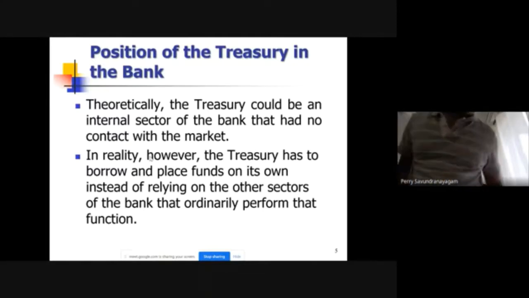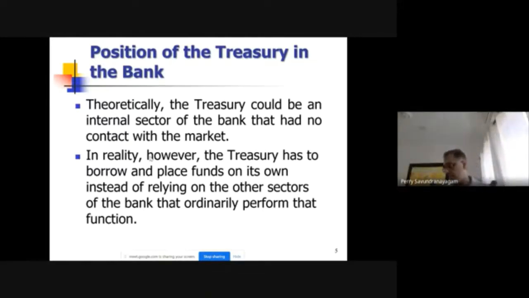Sorry about that. So Treasury sits in the middle of the bank, inside. There could be an argument that Treasury does not need to know what happens outside. That is very much an internal department of the bank.